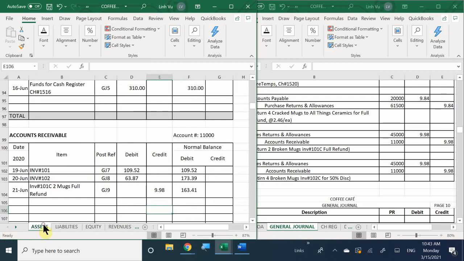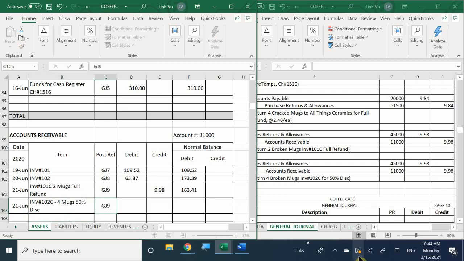All right, so now go back to my accounts receivable, right? And this time I'm going to write in here invoice number 102C. And again, once again, 4 mugs, 50% discount. Okay.